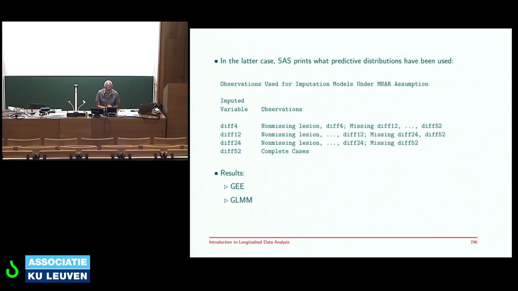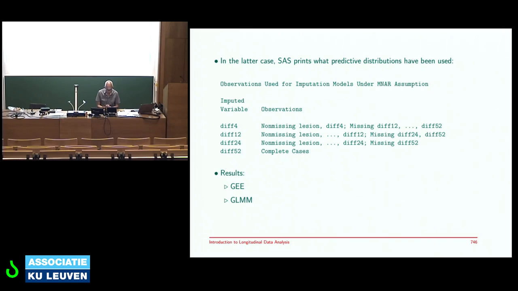For example, it says the imputed variable diff4 is imputed from the non-missing lesions diff4, and there is missing diff12 and diff52. That's where it identifies from.